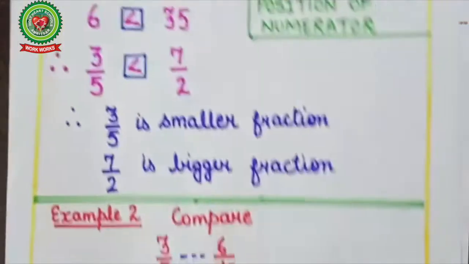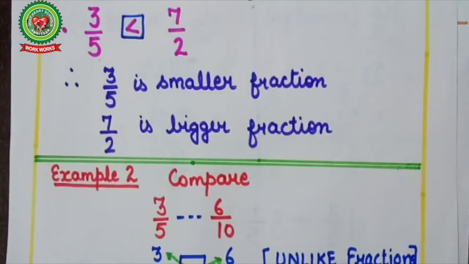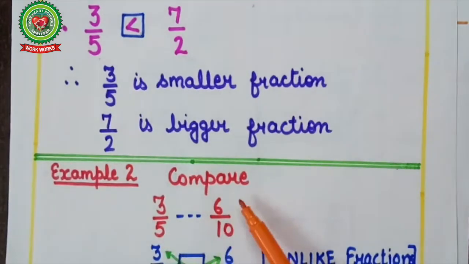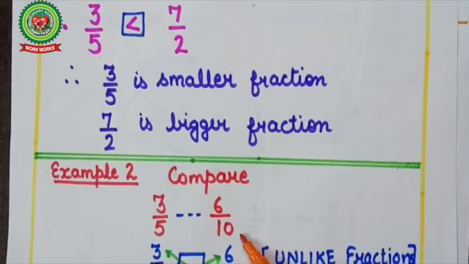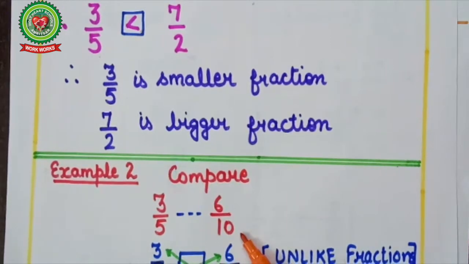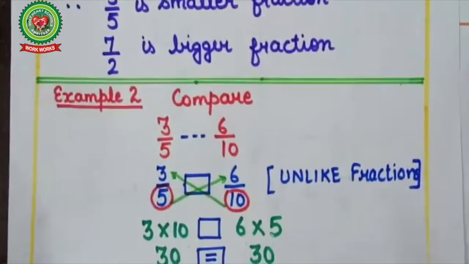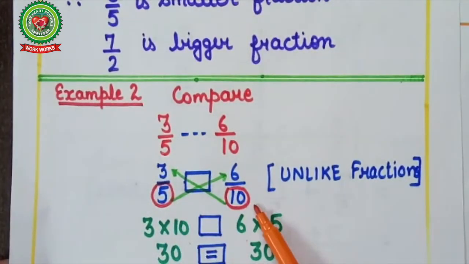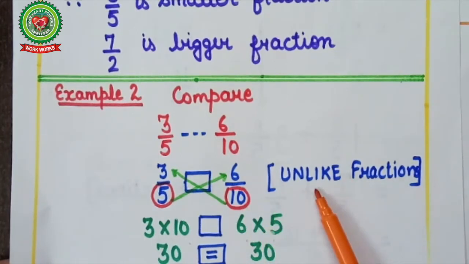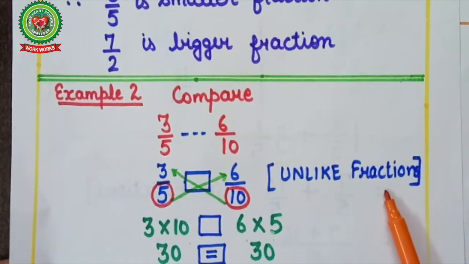Let's see one more example. Here you have to compare 3 upon 5 and 6 upon 10. So, again you will see the denominators. Denominators are 5 and 10. Denominators are not same. So, these two are unlike fractions.